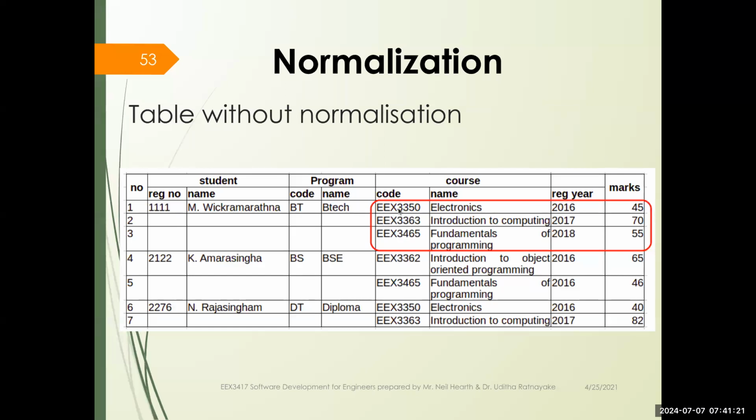Course code, name, registration year, marks, all are available. But for this same student, these course codes are available. Same student, two courses, he has got two courses in this year. We can see it clearly, but this is data redundancy.